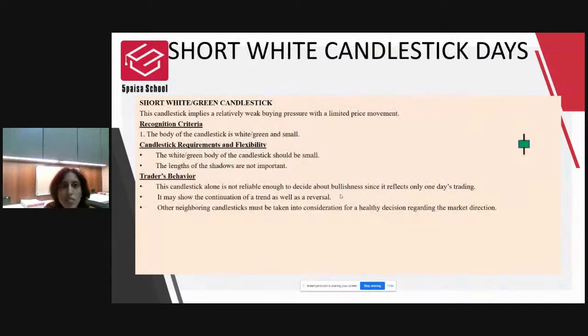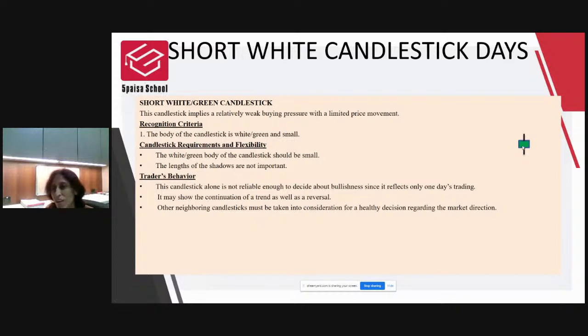So coming to the short white candlestick days. Just refer to the right hand side of your screen. Now if you see a short white candlestick, or instead of white, as I said, it can also be green, right? It depends upon the kind of software you are using.